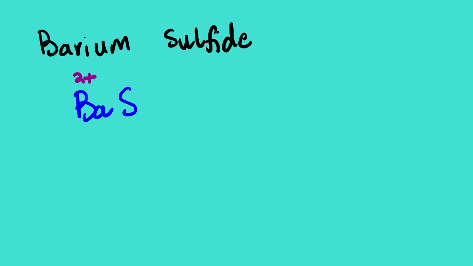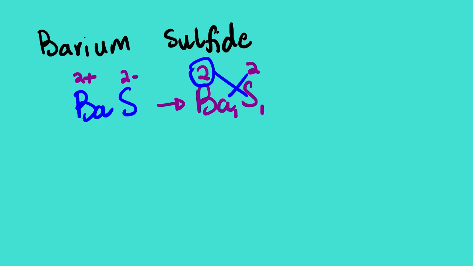Barium is 2 plus, sulfur is 2 minus. So we have barium, sulfur, 2, 2. Then we can see that the subscripts are 1 and 1. So multiply, we are going to have barium 2, sulfur 2.